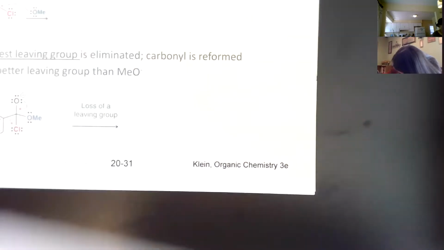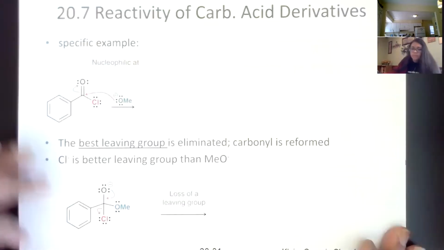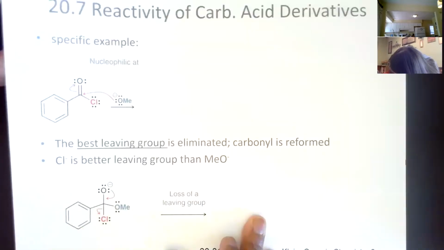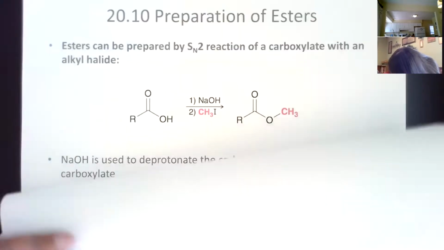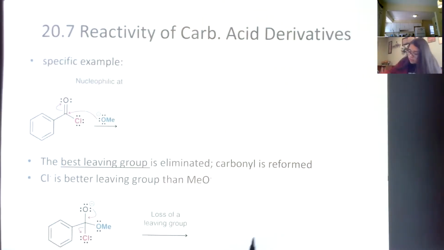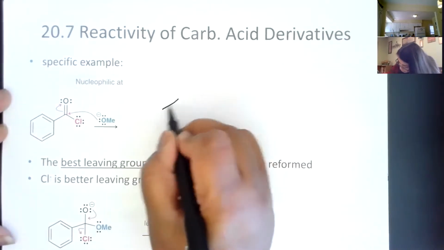I'm just going to show a specific example, and then we're going to stop there. I think on Friday after the test, we will look at the mechanism for esters, so it'll only be about esters. So here, nucleophilic attack.